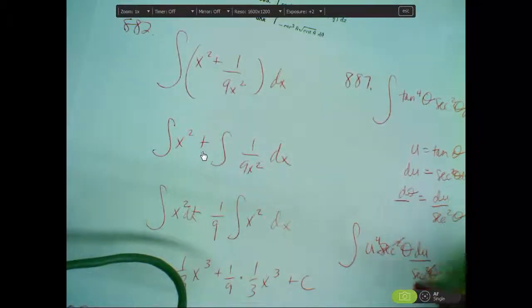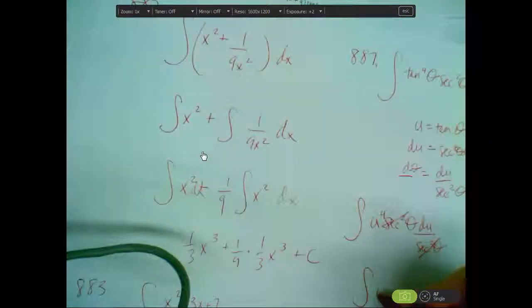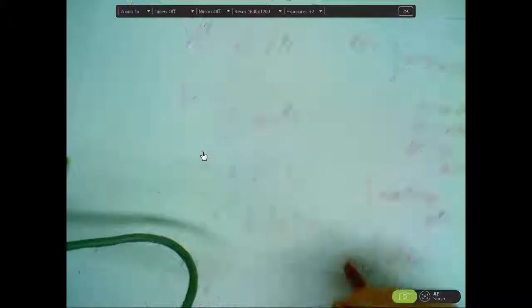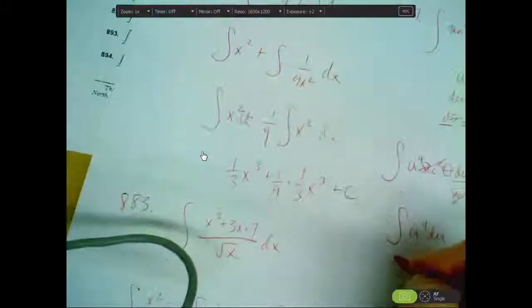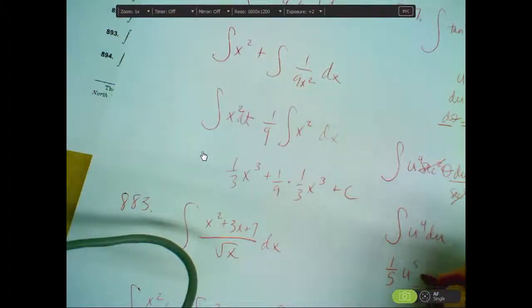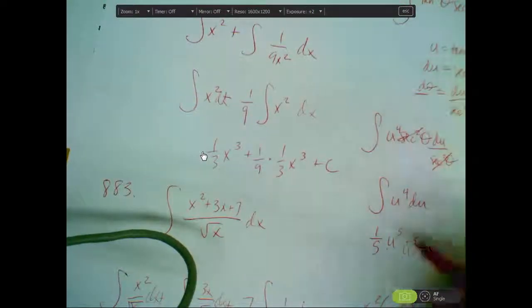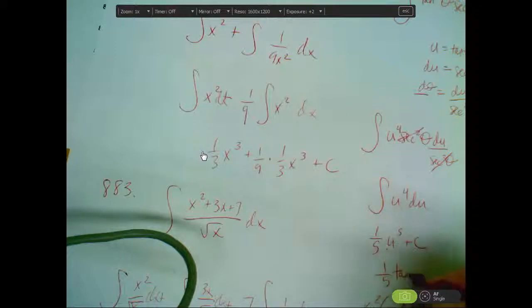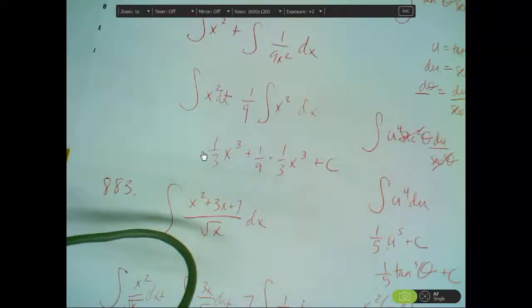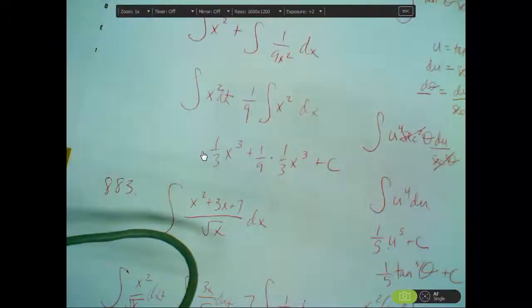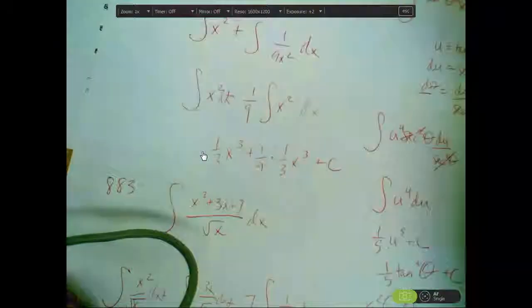So the secant squareds cancel, and I just need to integrate u to the 4th du, which is 1/5 u to the 5th plus c. Replace u to the 5th with what u is, so it's 1/5 tangent to the 5th theta plus c. Again, I know it's hard, but if you do enough of them, it will start to make more sense.